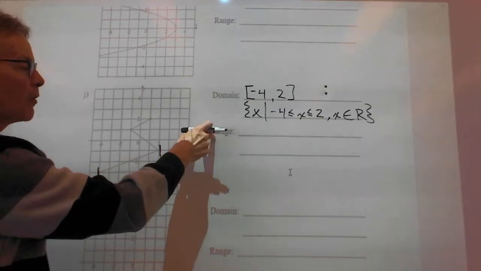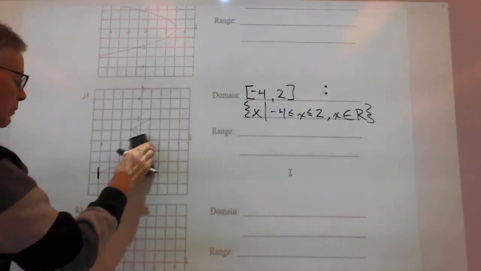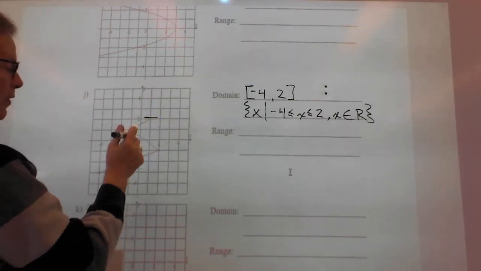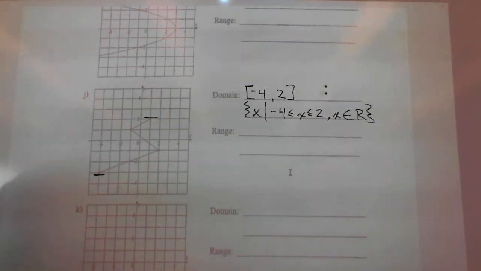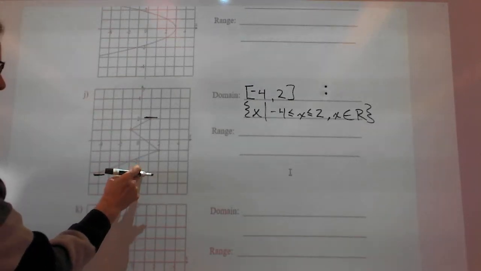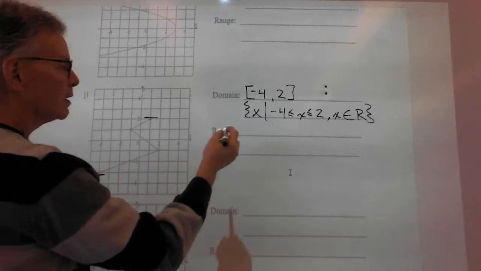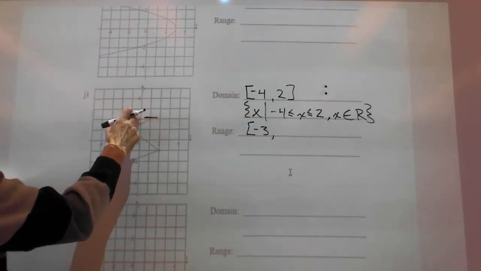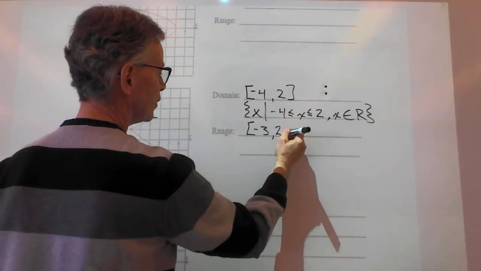Okay? For our range, same deal. It's just that now we're looking for the extreme, the highest and the lowest, instead of left and right. So our lowest y value is right here at -3. Our highest y value is right here at +2.